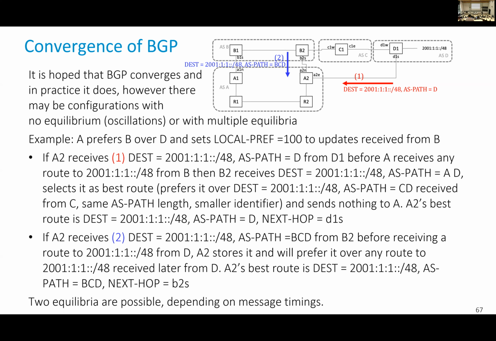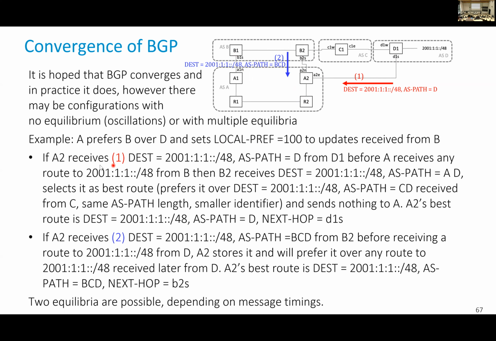So quasi-everyone peers with quasi-everyone. So you want to have as rich interconnection as possible, but you prefer this because this is local and perhaps it is Ethernet links that cost quasi nothing here. So A prefers B over D. Therefore, A sets local pref to 100 for all the updates that are received from B here.